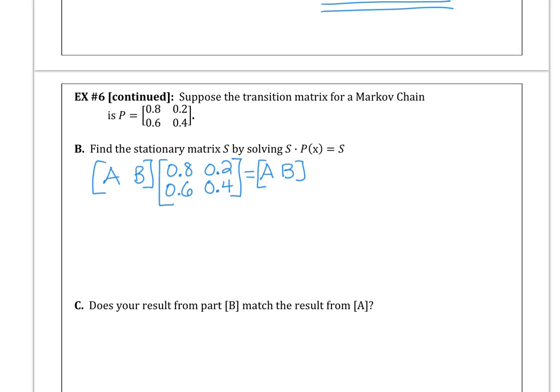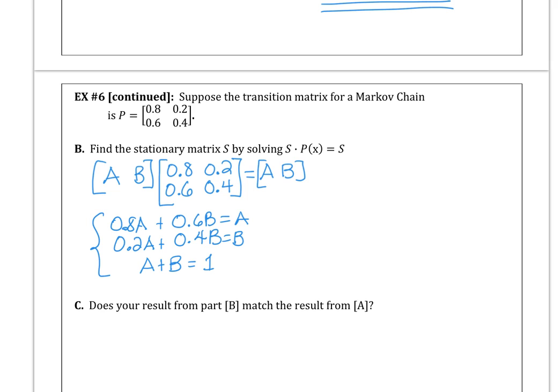First, let's write a system of equations that represents this matrix multiplication. We have 8/10 of A plus 6/10 of B has to equal A, and 2/10 of A plus 4/10 of B has to equal B, and A plus B has to give us 1. So we have this system of equations.